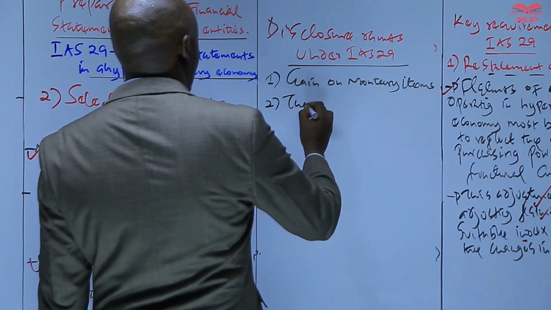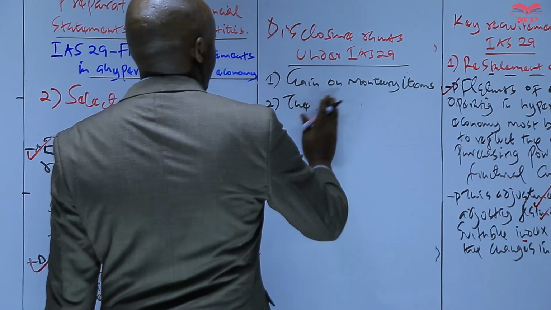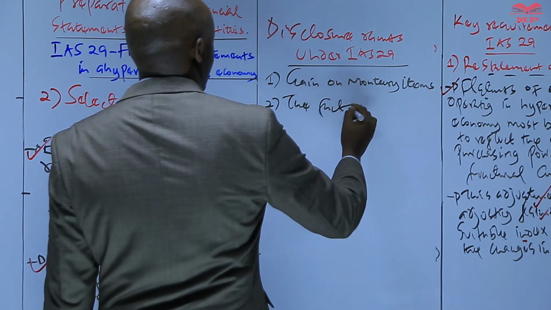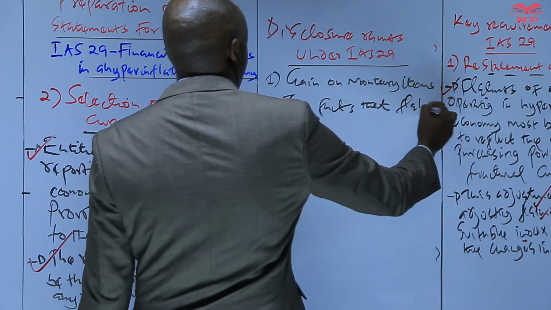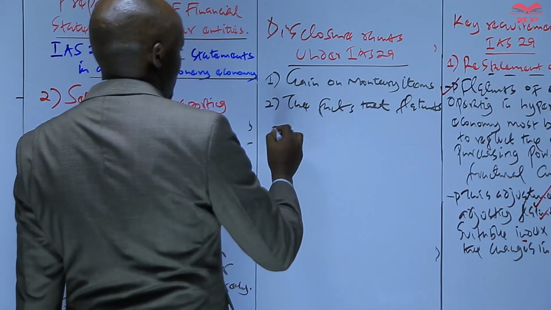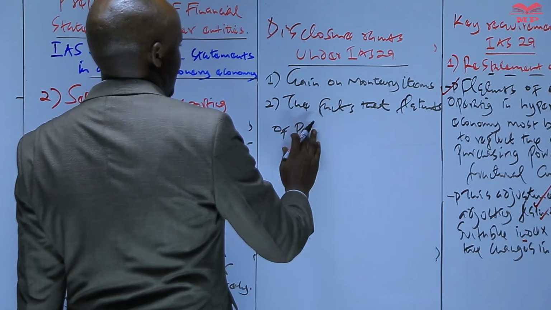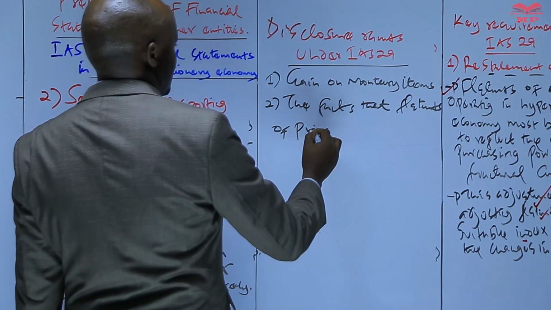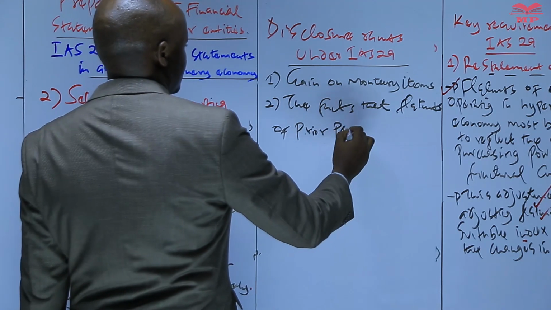The other information which also needs to be disclosed is the fact that the financial statements of prior periods have been restated. When we talk about prior, we are talking of the previous period.